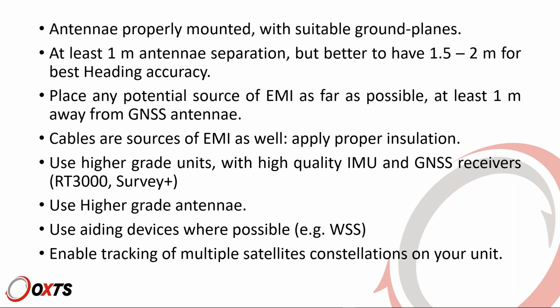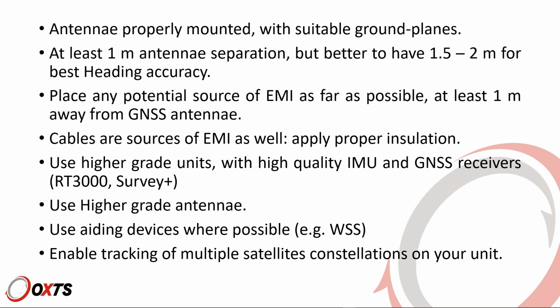Antenna separation is important mainly for heading accuracy, which is the whole reason to have a dual antenna system rather than a single antenna system. So at least 1 meter separation. If you can manage to have 1.5 meters or 2 meters on a land vehicle, then even better. It will help your heading accuracy.